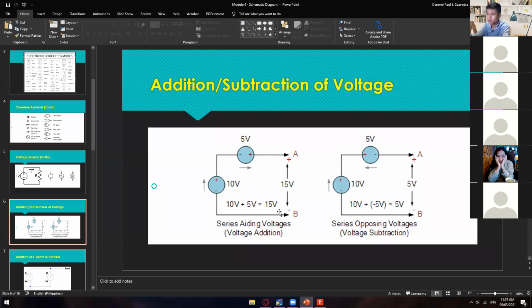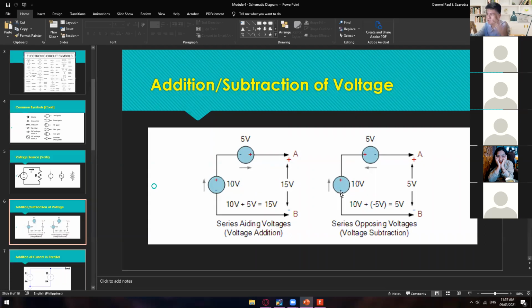So the reading of this one will be 15 volts, because we have this polarity. So positive to positive, negative to negative. Okay. And then if you're going to do this the other way around, wherein we have positive to negative and then negative to positive, well, of course, they will be deductive with each other.